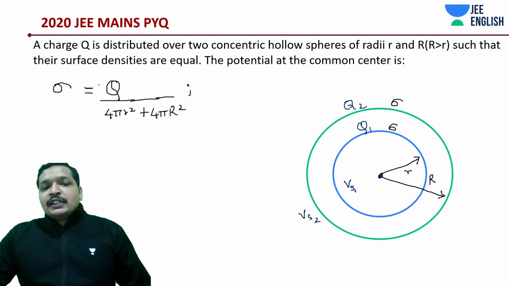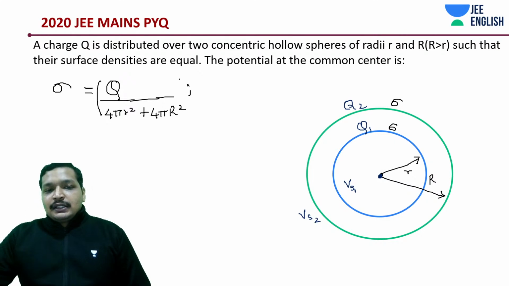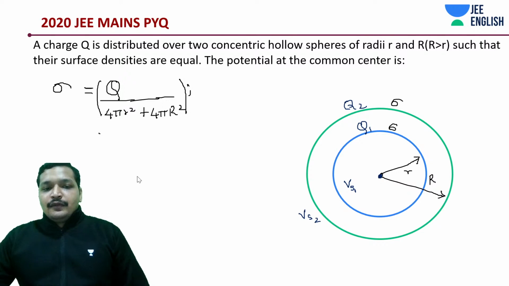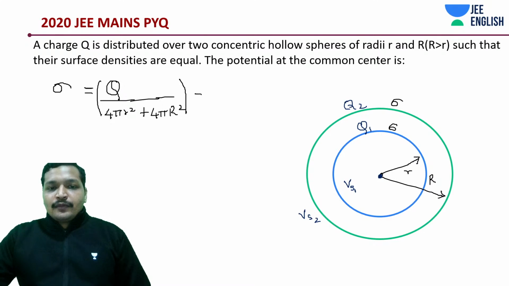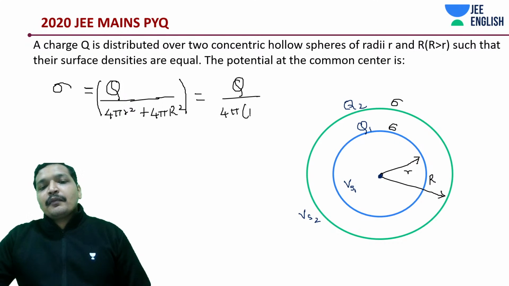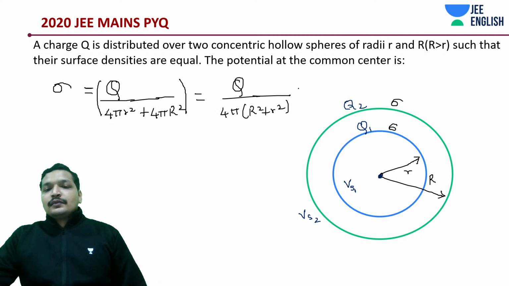sigma is equal to how much? From the earlier expression we got something like this, where in future we took out this 4 pi to be common. Okay, then what did we say?